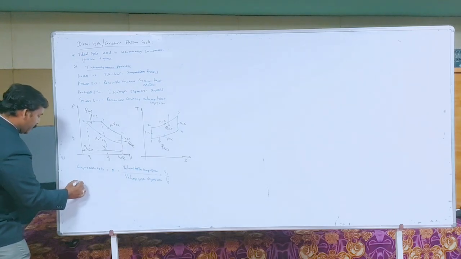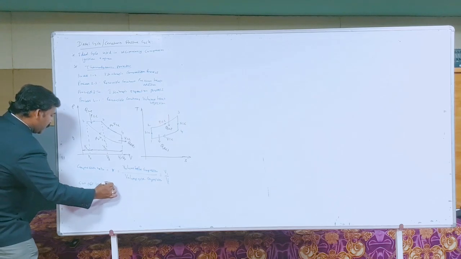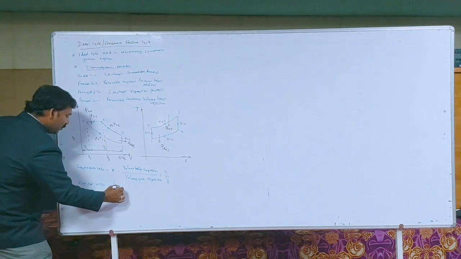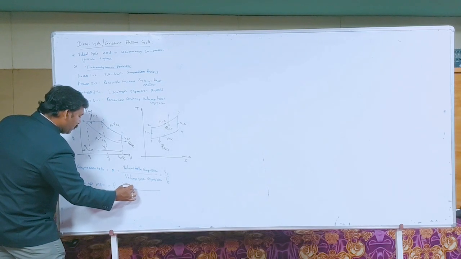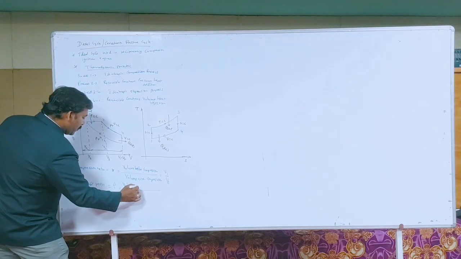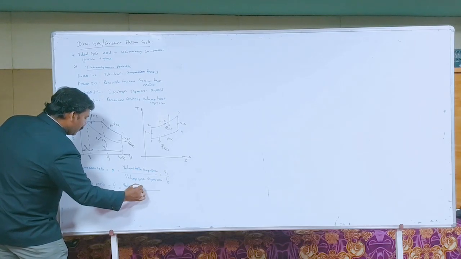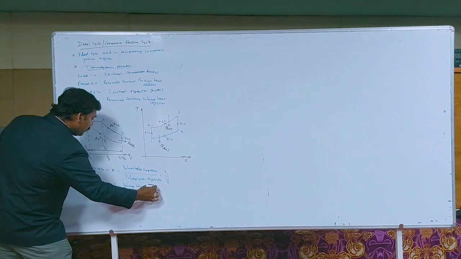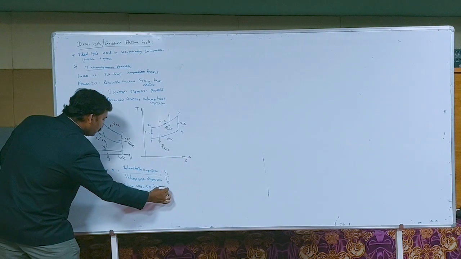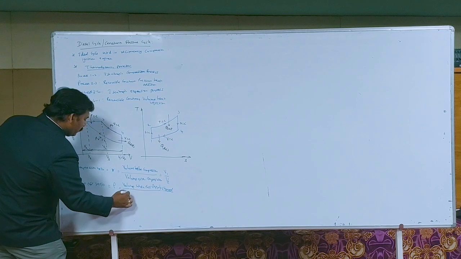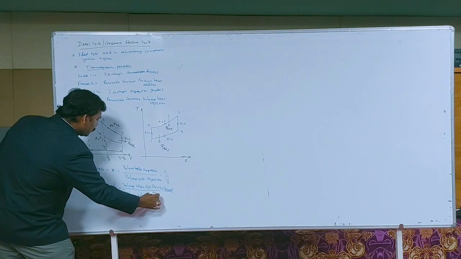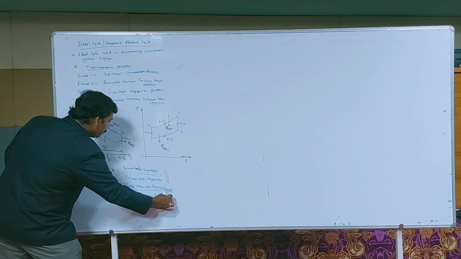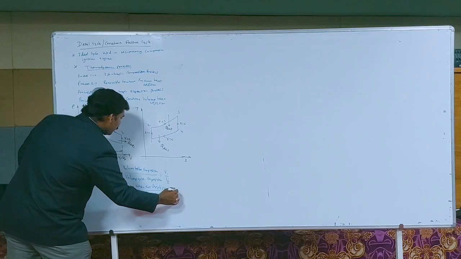Then the cutoff ratio, which is denoted using the symbol rho, is the ratio of the volume when fuel supply is stopped to the volume when fuel supply started.